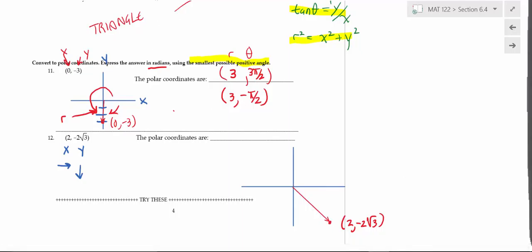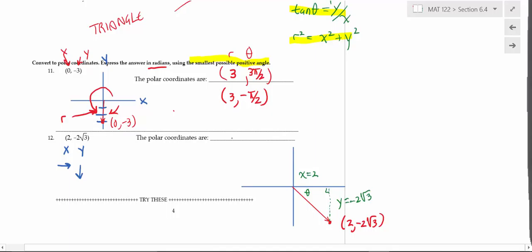Now really what we can do is just make a reference right triangle of this. And anytime you do this, you always want to draw up to the x-axis. Don't ever draw to the y-axis. Okay, and we're ultimately going to be looking for this theta. And if you look at this, x is equal to 2, and y is equal to -2√3, like that.